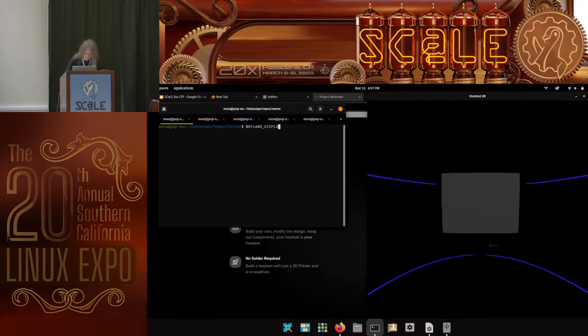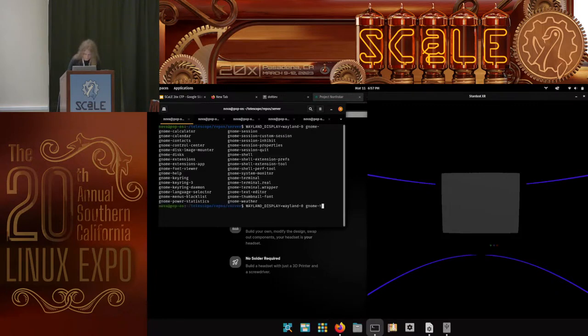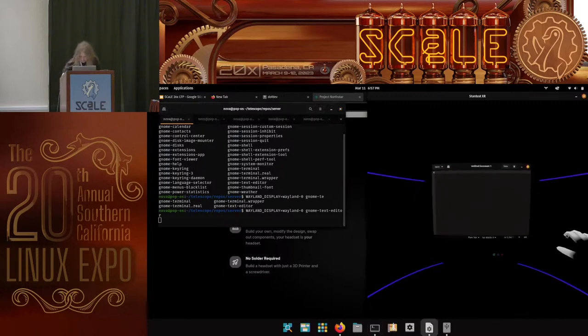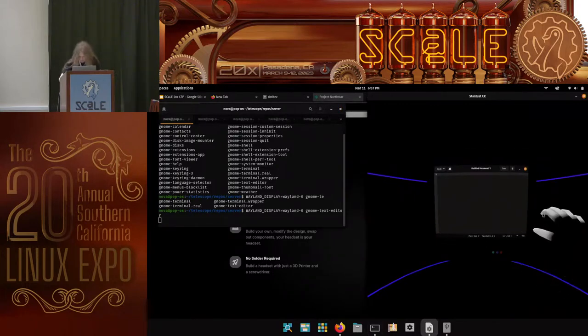Wayland display equals Wayland 1. Right, and so as you can see right here, I can just drop this straight in, and now, if I've done it correctly, I can use a virtual touchscreen.